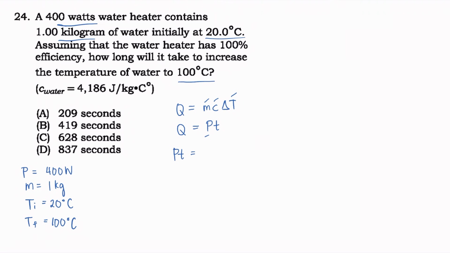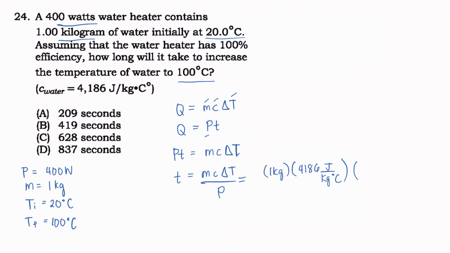P times T is equal to MC delta T. So, yung time is equal to MC delta T over P. Substitute na lang natin. 1 kilogram, 4186 joule per kilogram degrees Celsius times change in temperature, 100 minus 20 degrees Celsius, all over yung power na 400 watts.